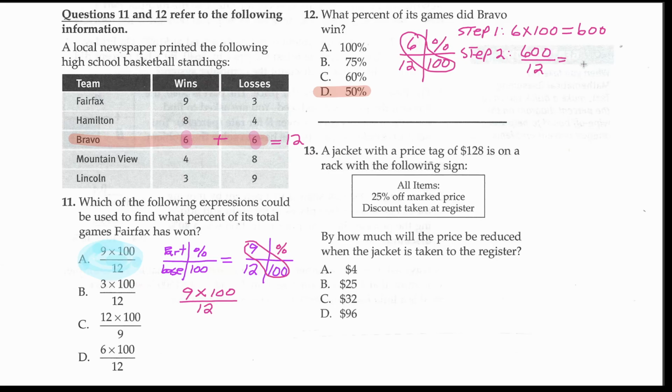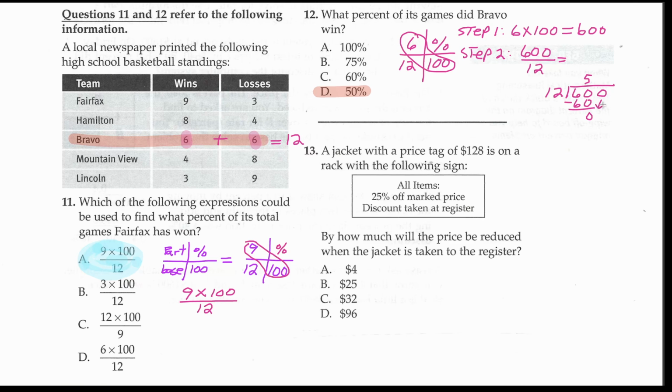If you don't know what to do, remember 12 goes into 600. How many 12s in 60? That's 5 times. 5 times 12 is 60. Take away 60 from 60, you have 0 left.